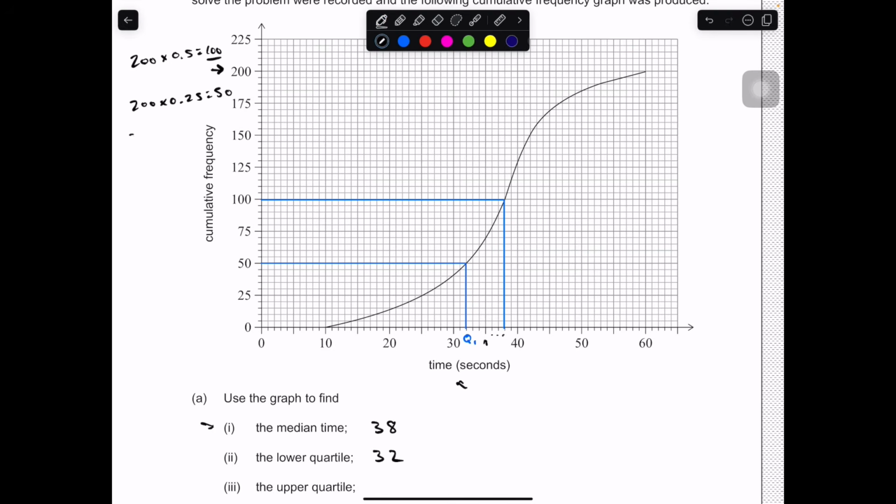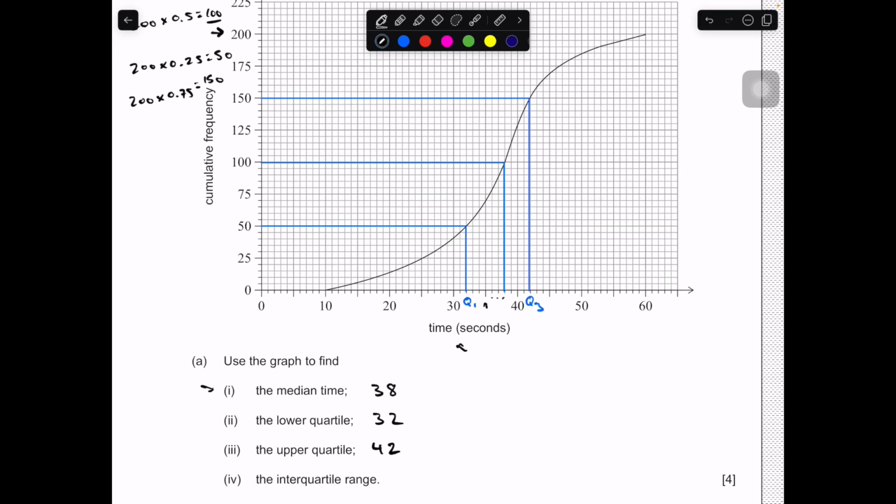Upper quartile, 200 times, and this would be the 75th percentile, which is going to give us 150. Okay, and this is Q3 right here, and it looks like 42 in this case.